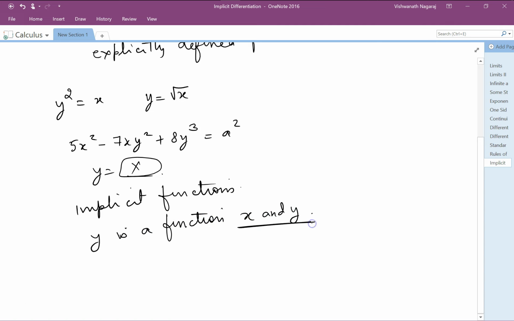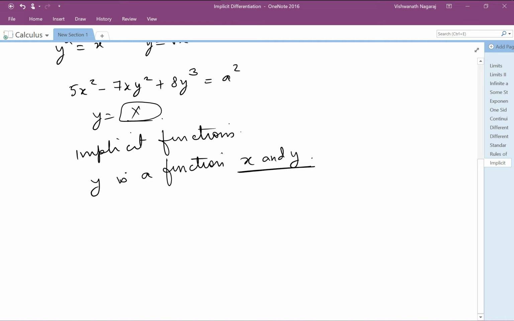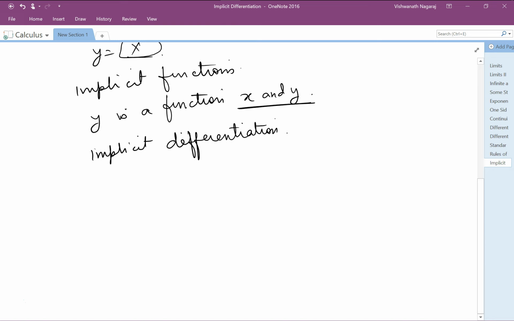That means it is a function of both x and y. And when we differentiate such functions, we call it implicit differentiation. Let's look at some examples. The rules of the game are same.